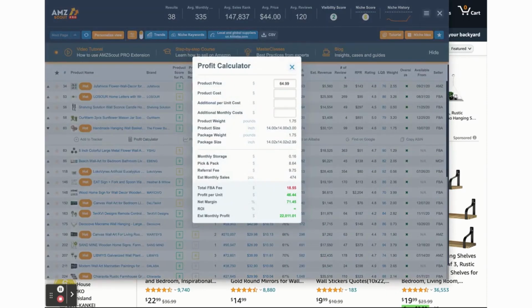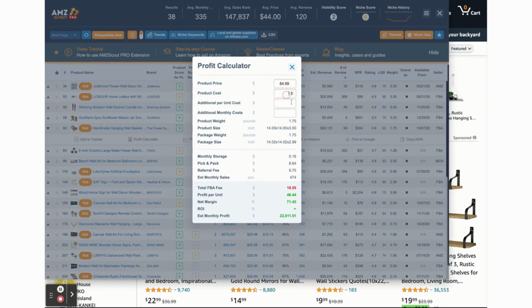This is where it helps me calculate how much I am going to be left with if I purchase this item and sell on the Amazon platform for the price of $64.99. Obviously you'll have to do research on approximately how much it'll cost you to source this item.